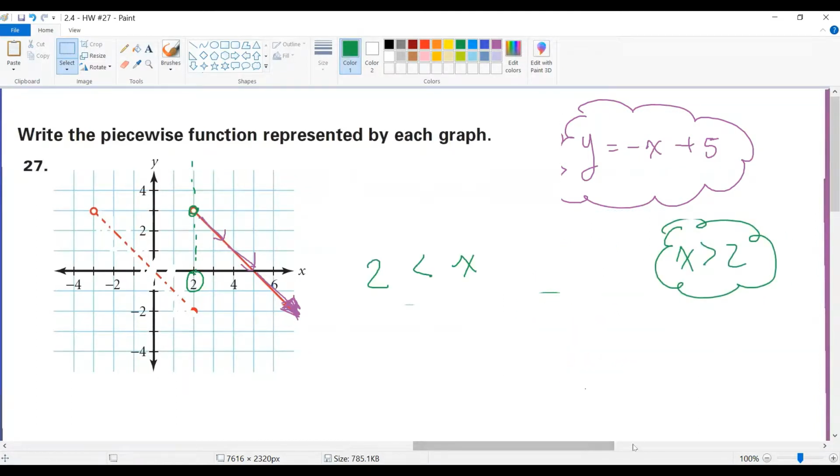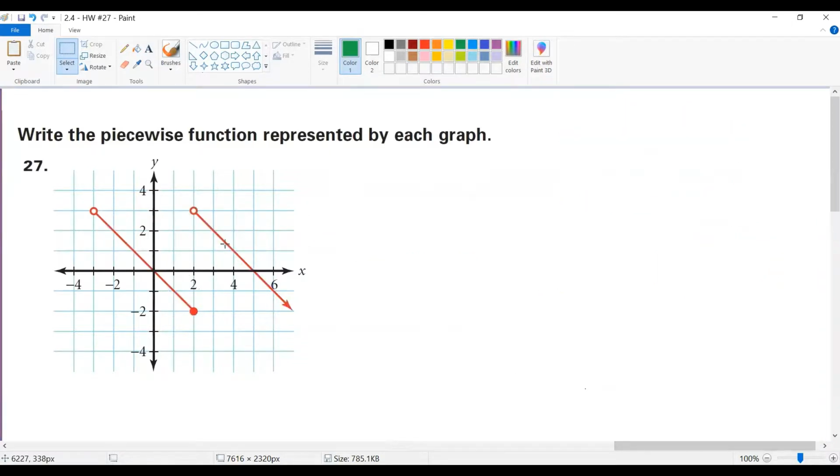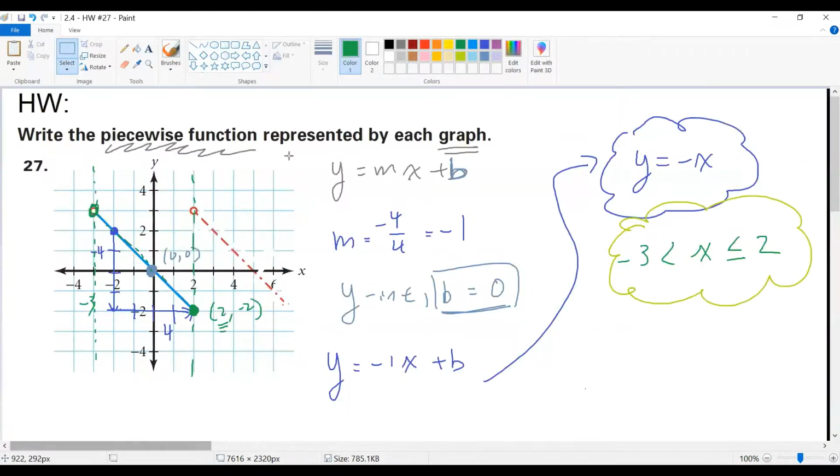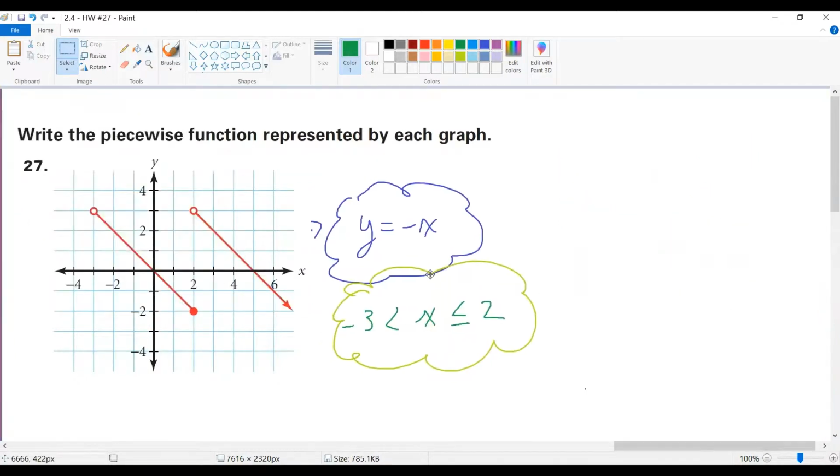In order to finish this problem, we're going to grab our equation for the first part of this piecewise defined function and grab our second equation for the second part of this piecewise defined function. So back on the first slide, we're going to grab our first equation and paste it here.